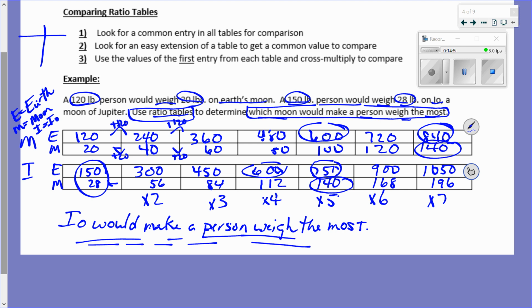Andrew? 840 is the most you can multiply on Io, but again, am I using the same weights? So just be careful of how you're making your analysis. You guys are doing a great job. You're really thinking hard, and I love it. Israel, you can help us?